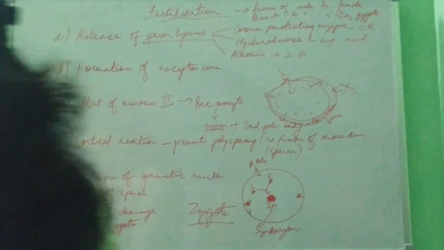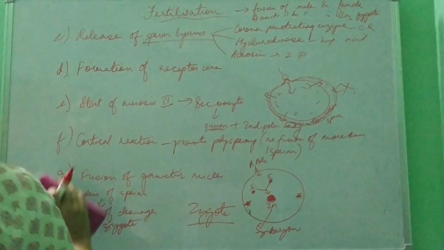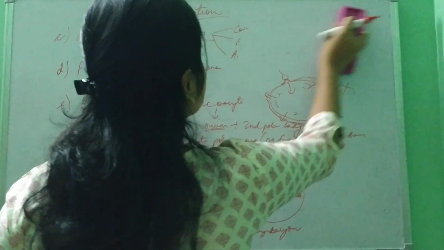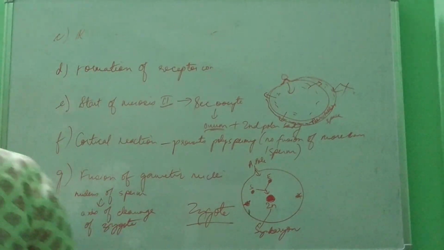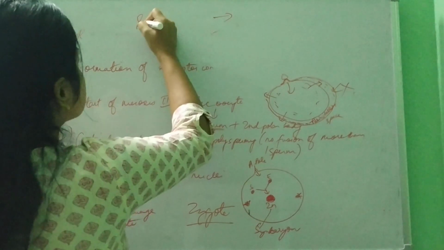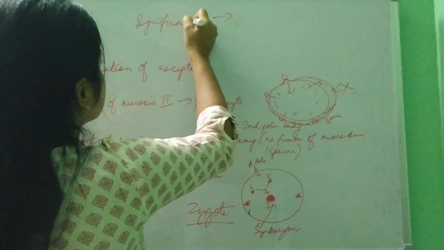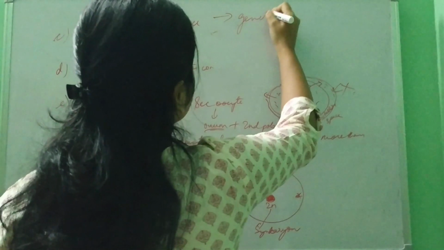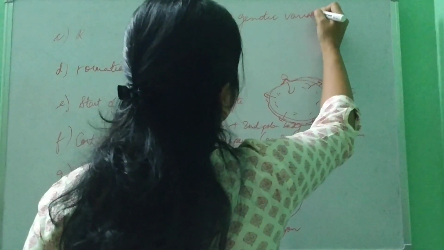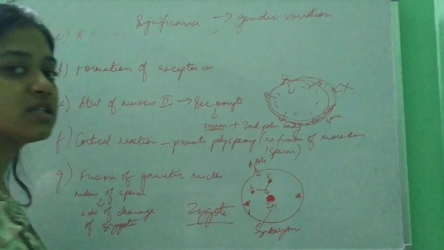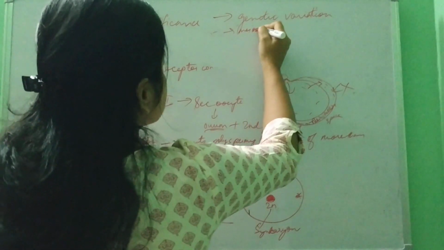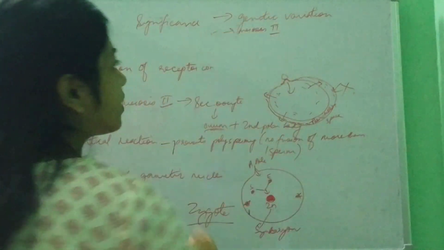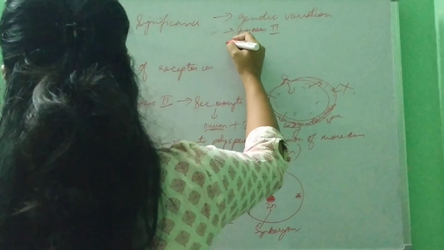Now we'll see what is the significance of fertilization. One very important significance of fertilization is genetic variation. The sperm and egg chromosomes will fuse, so there will be genetic variation in the zygote. Next, start of meiosis 2 after fertilization.